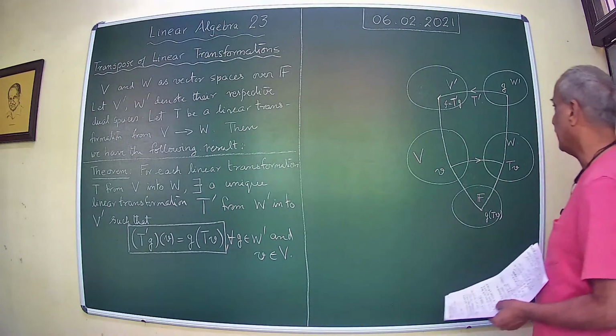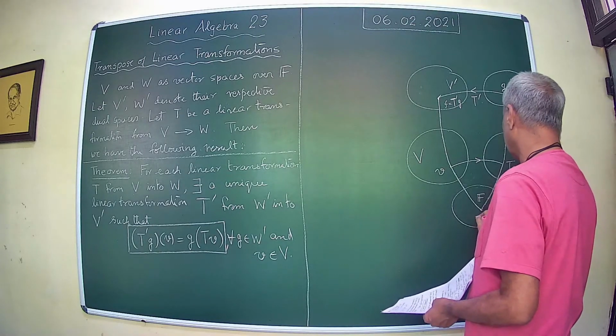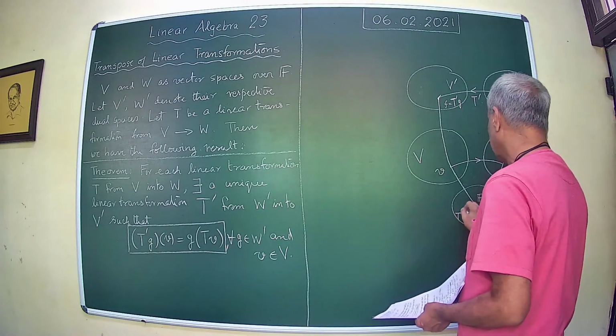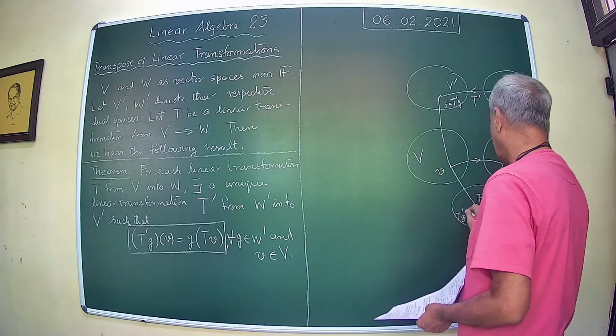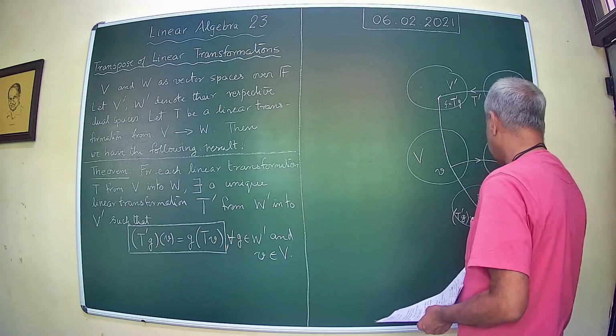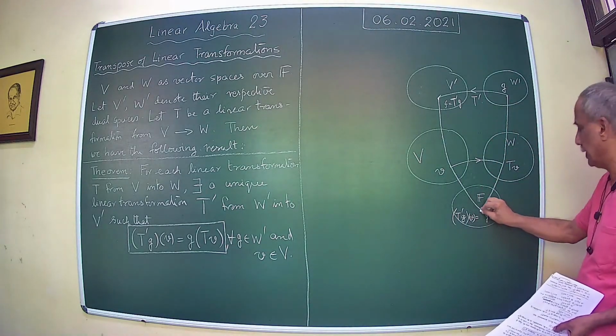Okay? And then what it does is that you have this equal to T prime G of V, this is the connection, and this is the scalar that you have.